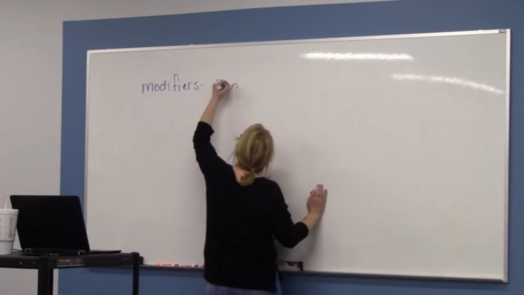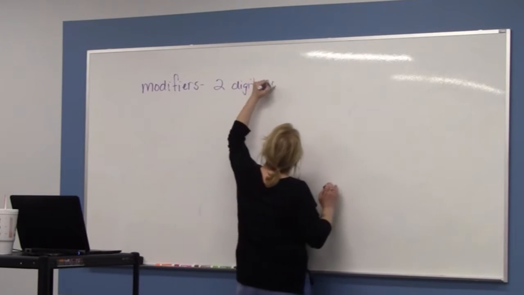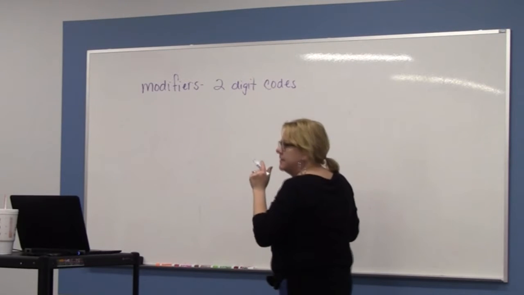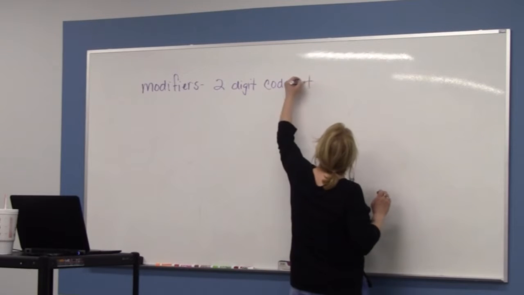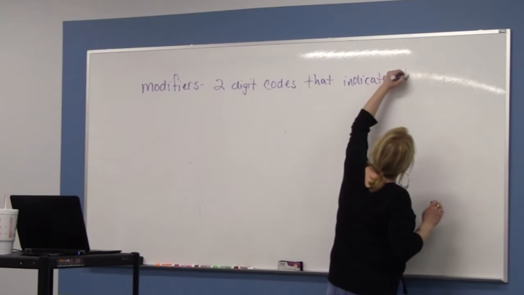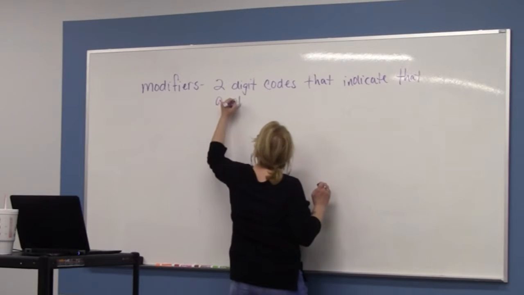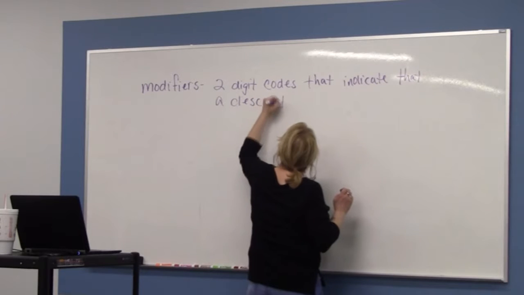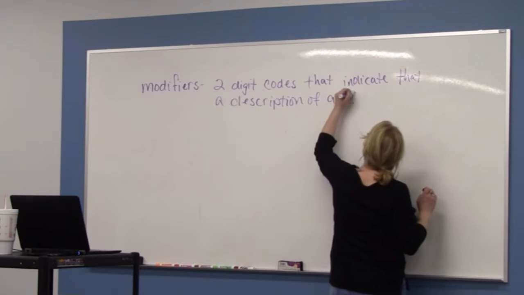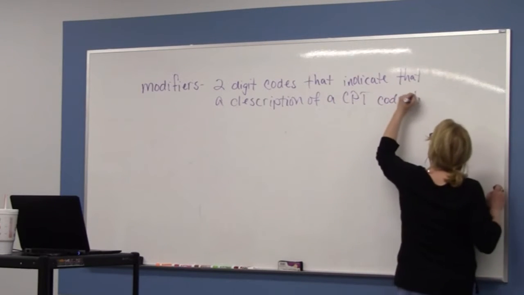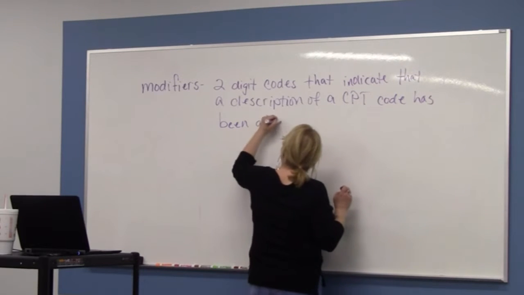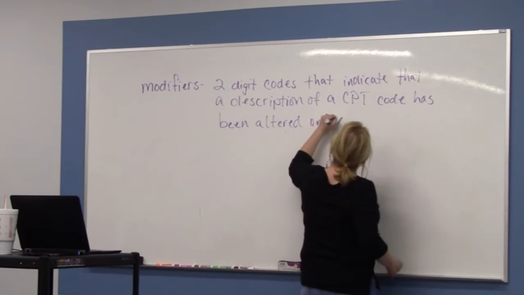Modifiers are 2-digit codes that basically indicate that a description of a 5-digit code, a regular code, has been altered or requires more specificity.